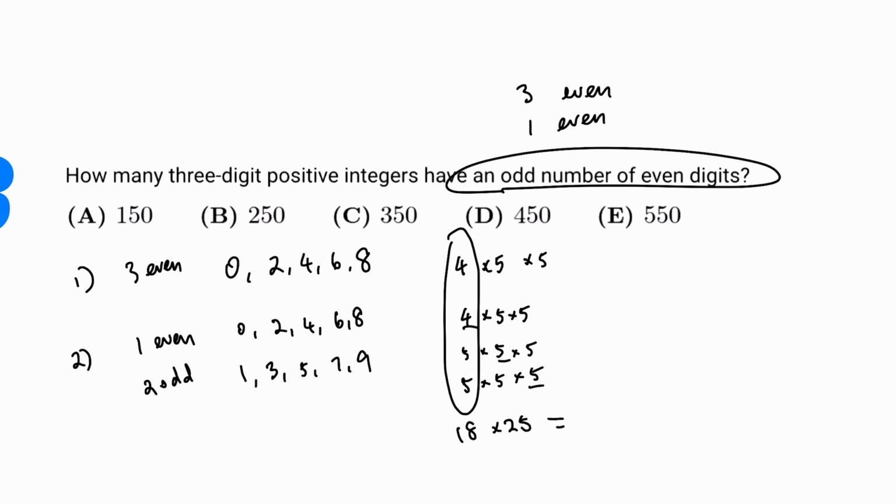Even though it's only going to save like 5 seconds, we just get 18 times 25. You don't have to really calculate this. Divide that by 2, we get 9 times 2. Divide that by 5, we get 5 times 5. So it is 45 times 2 times 5, which is just adding a 0 at the end. So our answer is going to be answer choice D.